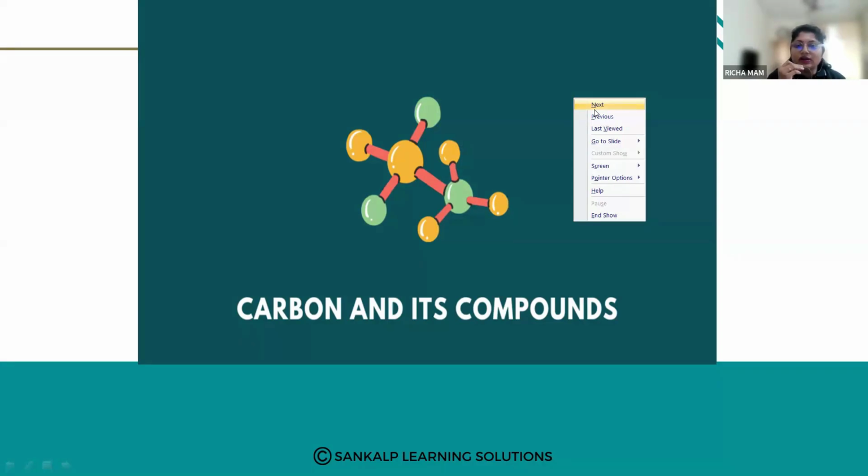So these are the different compounds which carbon forms when it combines with different elements. And carbon has different applications. It is found in your day-to-day life, right?